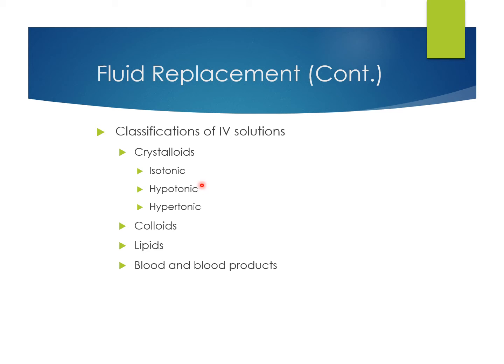So just know that there's 3 types of solutions. There are several different types of mixtures. I mean, goodness, there are probably over 200 varieties of combinations that you can give somebody in terms of what kind of crystalloid the person could get. That's a lot of different combinations, and you don't have to know them all, really just maybe the basics that I'm going to describe in a second.